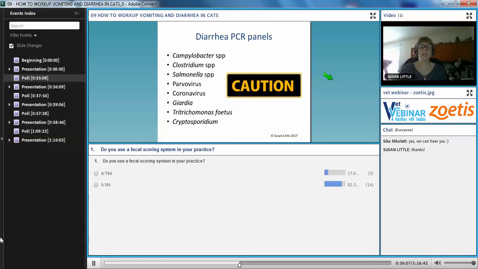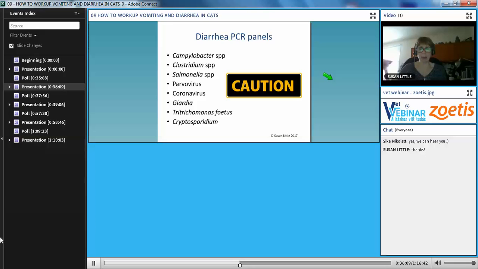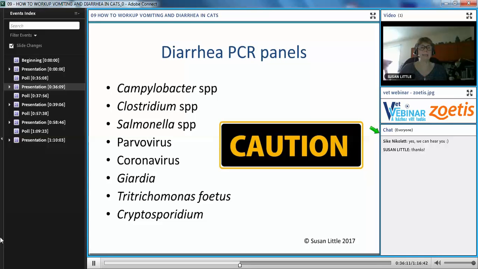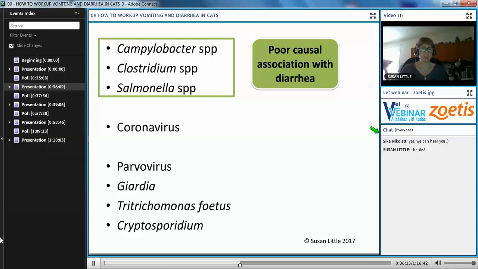Okay, so we're going to talk about some of these pathogens, and as we start to talk about them, I'm going to divide them into a couple of different groups for you. Again, it depends on the lab that you use and what pathogens they can put on a PCR panel for you. But if we look at the bacterial ones, for example, there's actually not a very good positive predictive value if you get a positive result for one of these bacteria.